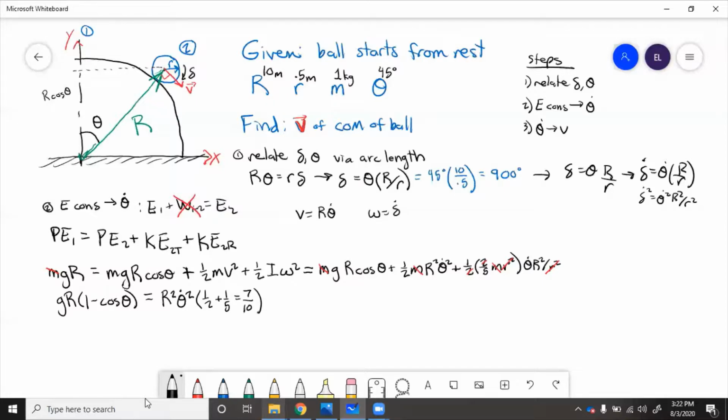So now we can actually cancel one of these R squareds with the R on the other side.